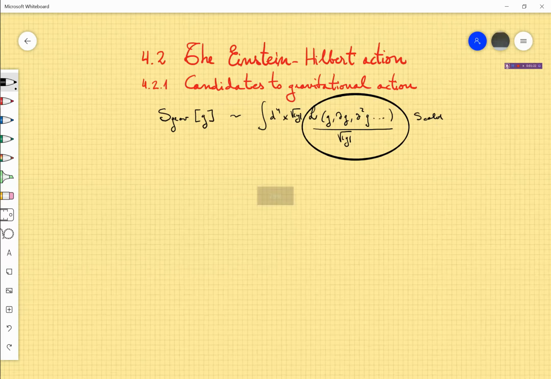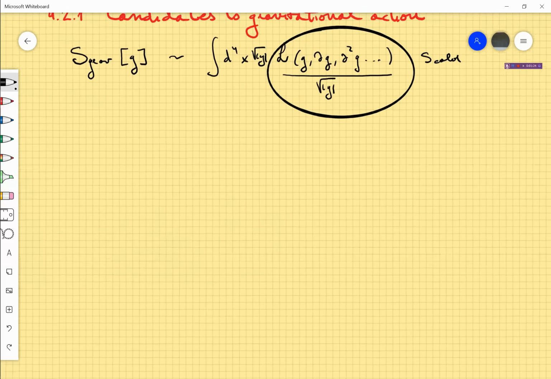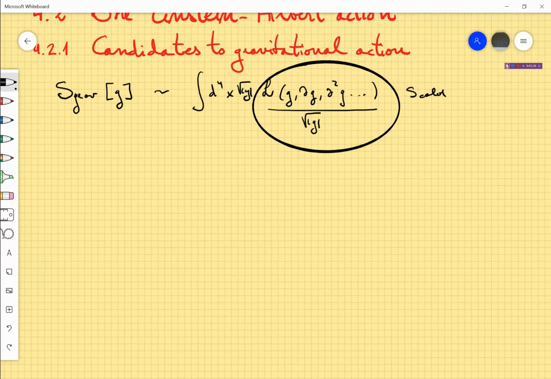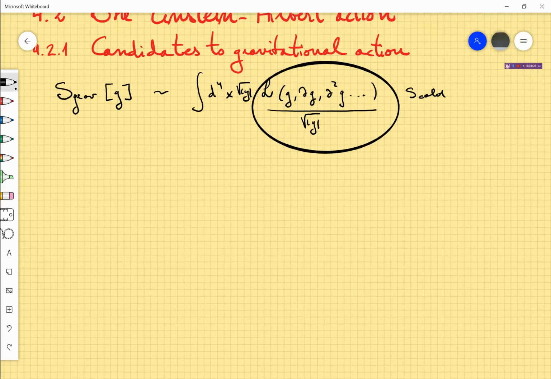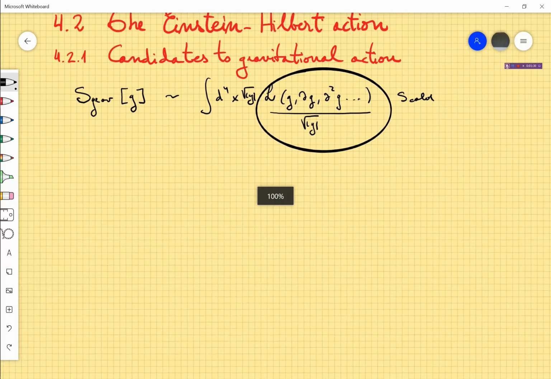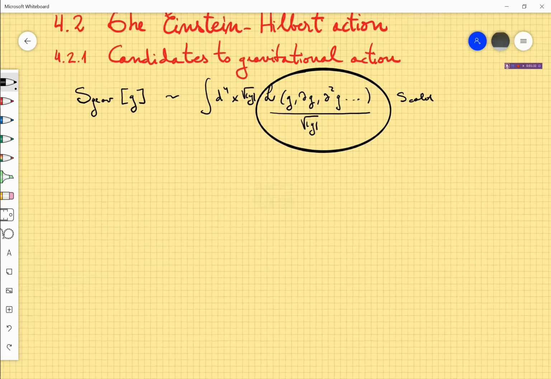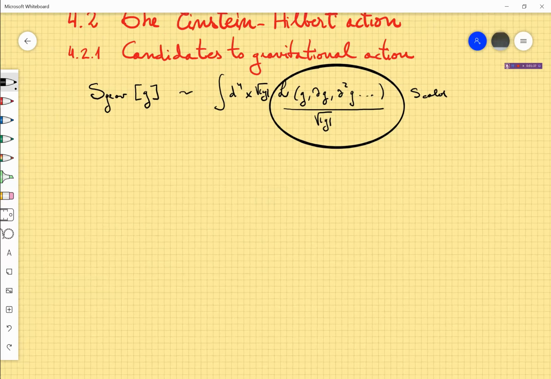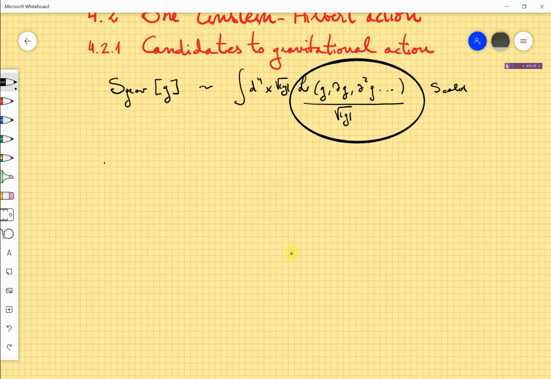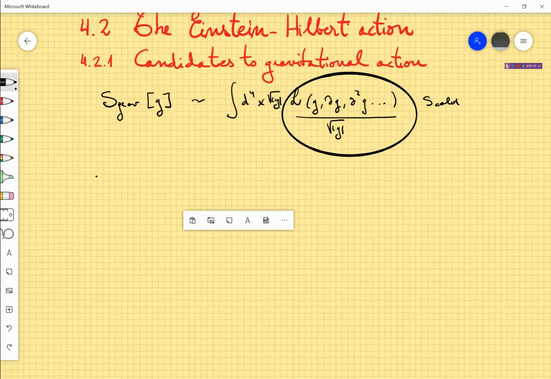Now, what kind of scalars can we construct out of the metric and its derivatives? Well, it turns out that the only thing is, given that the covariant derivative of the metric vanishes, because we want this L to be built out of tensors, maybe with contractions, and this will give us scalars.